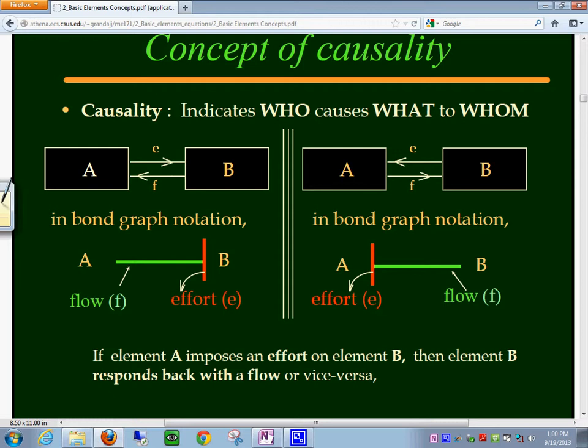See how the picture at the top has this effort variable. B acts on A with the effort, and A responds with the flow like this. So this is the notation for this case, this is the notation for this case. Okay. Any questions about this picture you must know in your mind?